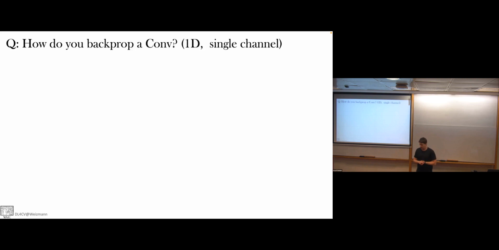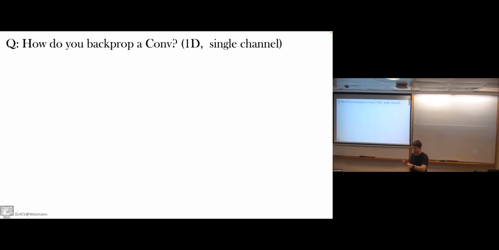Is a convolutional layer a special case of something? Some perception. Sorry? You need to average over the perception area. Yeah, I'm looking for something very simple, linear.